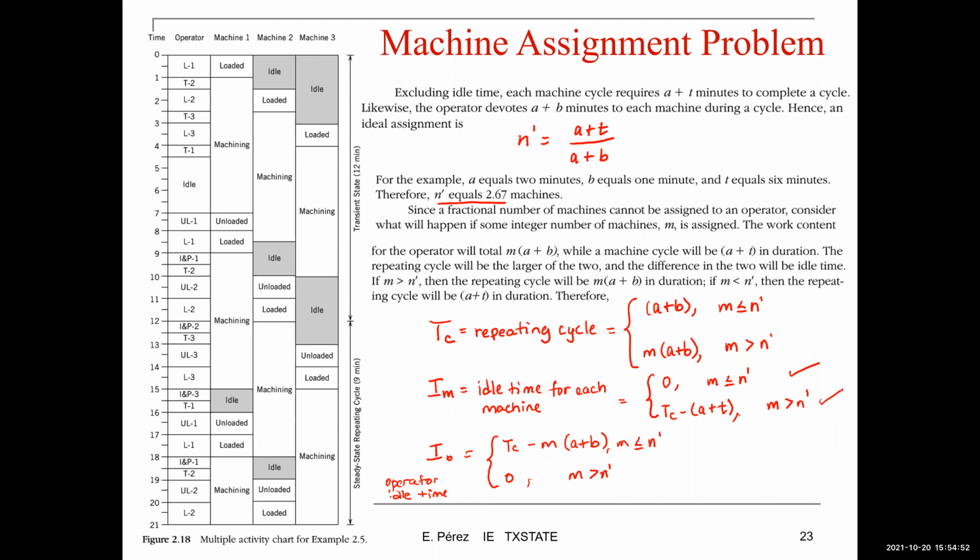In this problem, we get 2.67. So would you go up to 3 and keep your operators always busy? Or if you go down to 2, that will give the operators some idle time, and your machines will always be running, which is an advantage. But you will have to pay for that additional operator and so on.